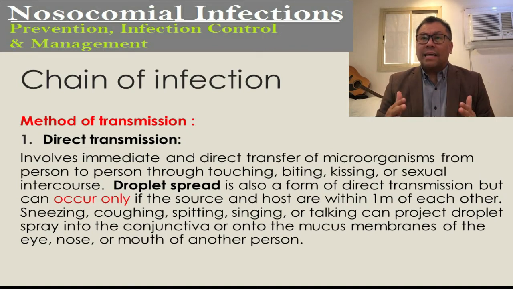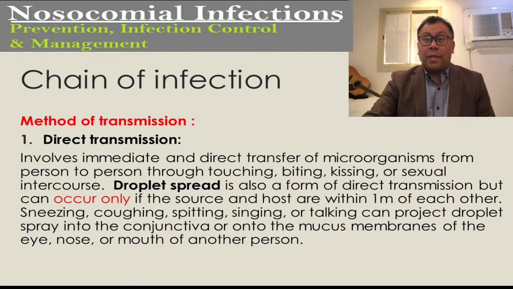So sneezing, coughing, spitting, singing, or talking can project droplet spray into the conjunctiva or onto the mucous membranes of the eye, nose, or mouth of another person. This will serve as the portal of exit or entry. If that is coughing, sneezing, the bacteria or the viruses will go inside through that.